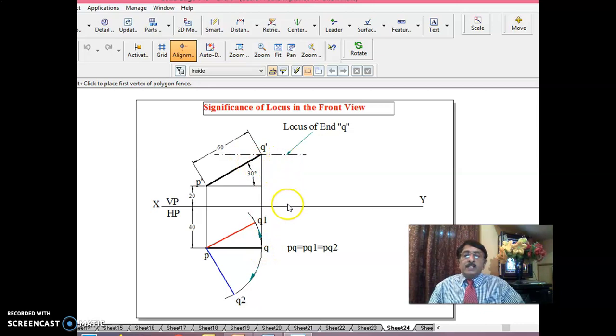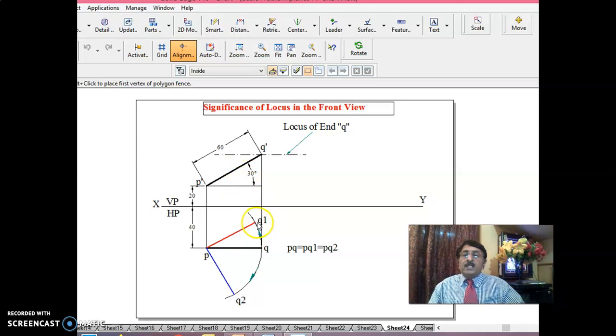This is the distance of end Q above HP. Let us say, keeping P fixed and inclination to HP also fixed, I'll move Q to this random position Q1. Even then, the inclination to HP is same, 30 degrees only.